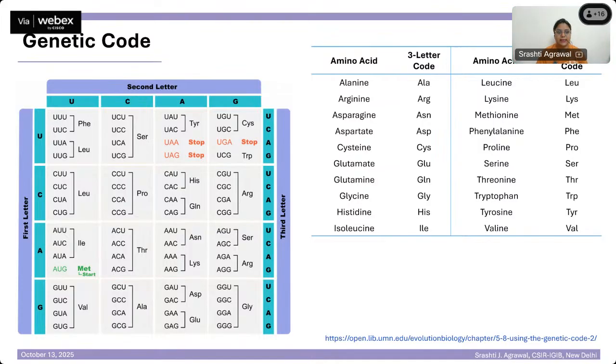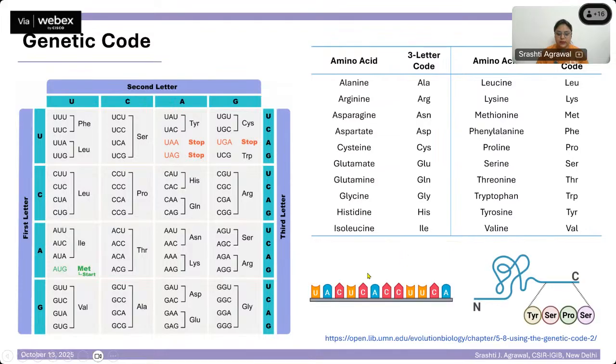So basically, RNA is read as three-letter genetic codons. These codons basically can specify a special amino acid as seen here. And each of these 20 amino acids in combination can form the protein. So there are 64 codons and different combinations of these codons can form different amino acids.